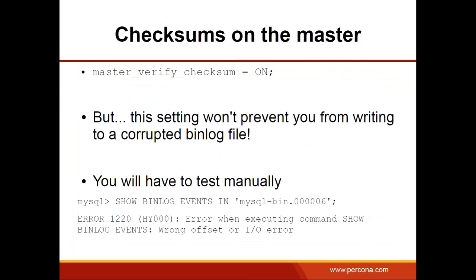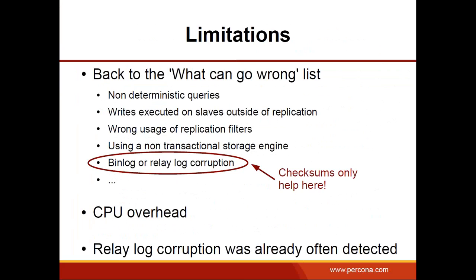To recap, what are the limitations of this feature? If we refer to the previous list, the list of what can go wrong with replication, the checksums that I presented only help in one scenario.